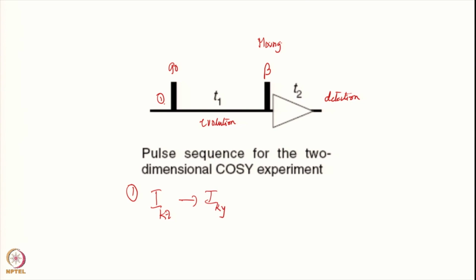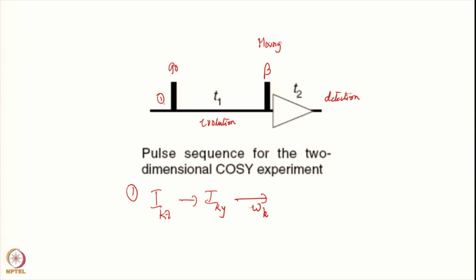Now during the evolution period, the K transverse magnetization evolves with the frequency omega K, therefore it is frequency labeled. As a function of t1 it will be frequency labeled, because you are systematically incrementing the t1 value, so the evolution will follow this frequency. Therefore you acquire various kinds of phases.